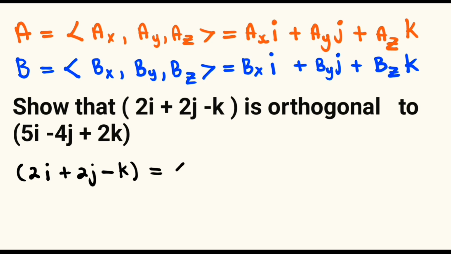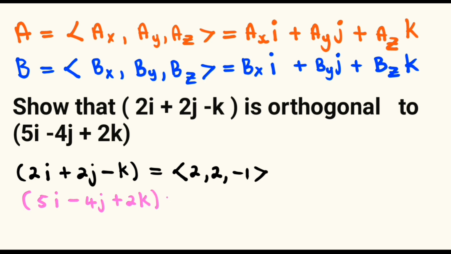We have 2i plus 2j minus k. In vector component notation, we have 2, 2, and negative 1. And we also have vector 5i minus 4j plus 2k given in unit vector notation, and in vector component notation we have 5, negative 4, and positive 2.